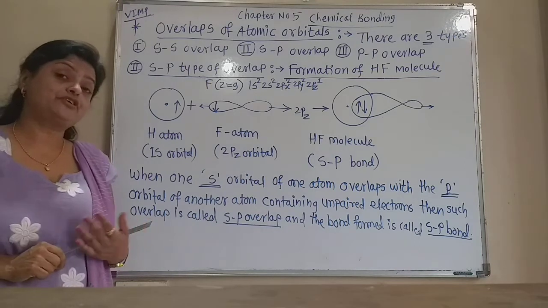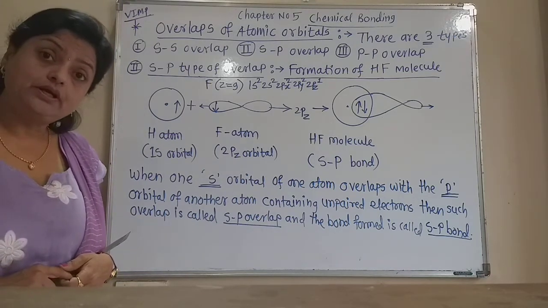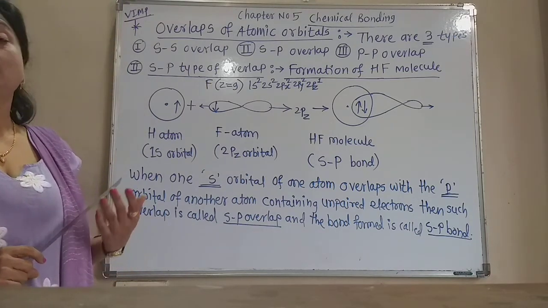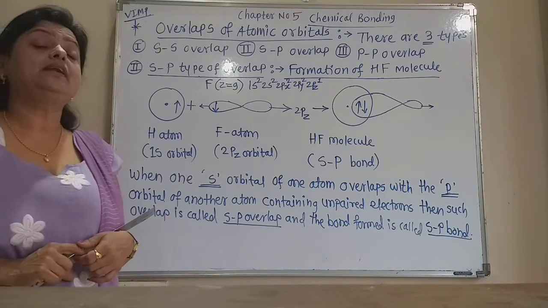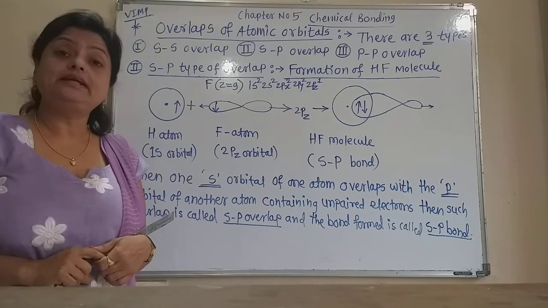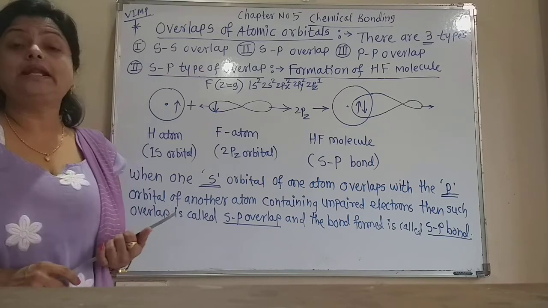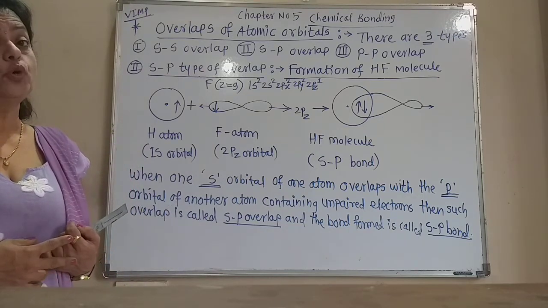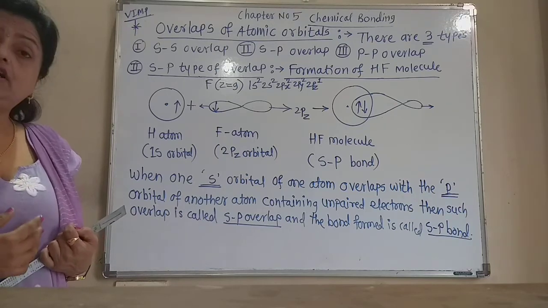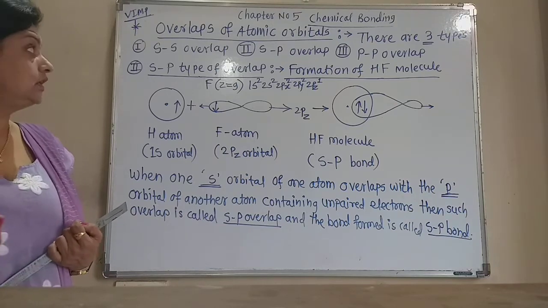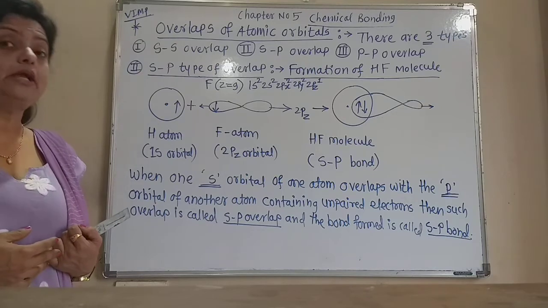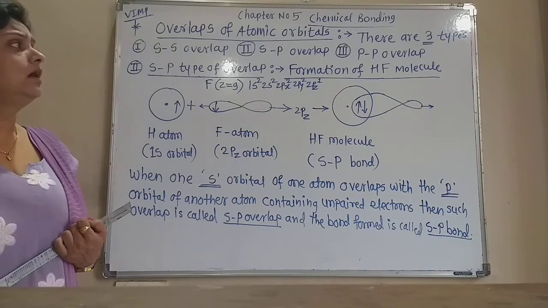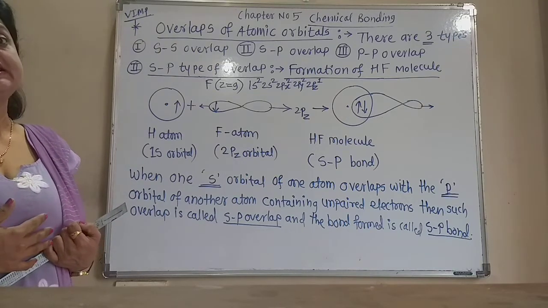There may be formation of HCl molecule because chlorine also has the 3pz orbital, an unpaired electron containing orbital. There is overlapping between the hydrogen and the 3pz orbital of the chlorine. So HCl molecule formation is also an example of the sp type of overlap. Again, formation of HI molecule is there.